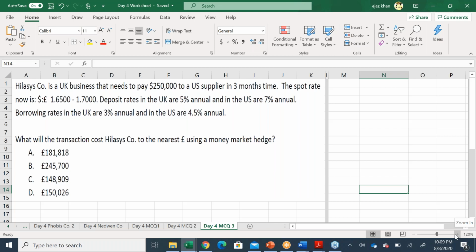Asad, the forward rate is always set by the bank, and the bank always uses interest rates to calculate the forward rate.